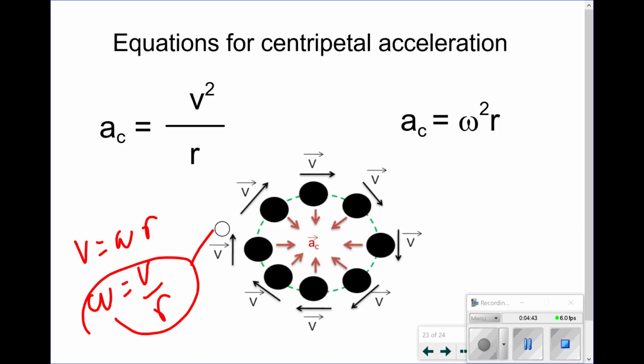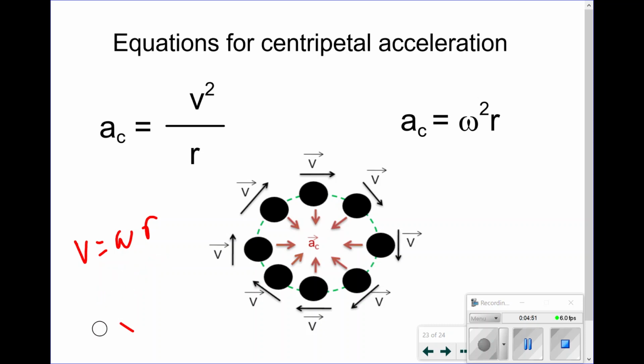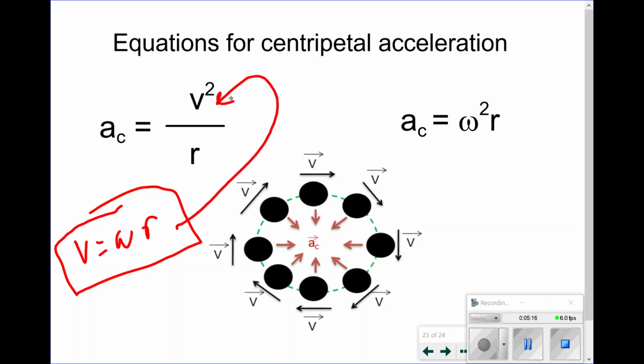Likewise, if I was given just the angular speed and the radius, where I was told something rotated 13 RPMs with a radius of 5 meters, and I was uncomfortable working with radians per second, I could find my tangential speed first by converting RPMs to radians per second, multiplying that by the radius to come up with my tangential speed, and I would then be able to solve using my tangential speed equation.